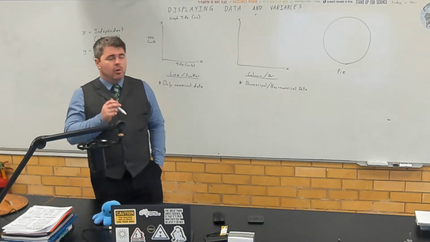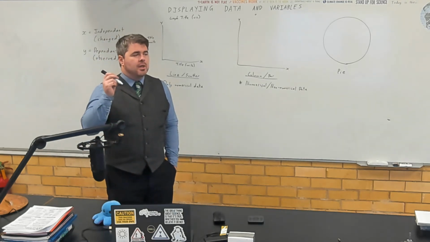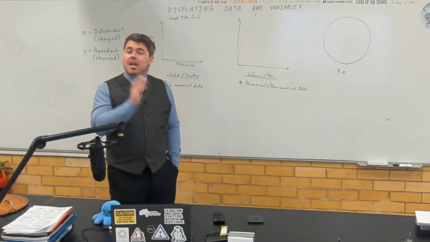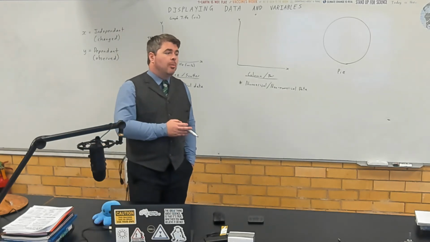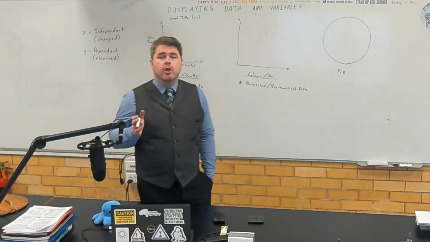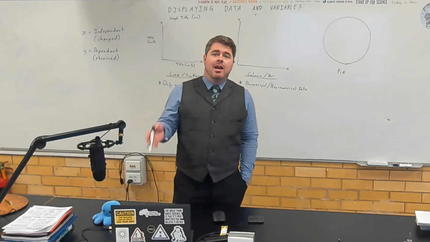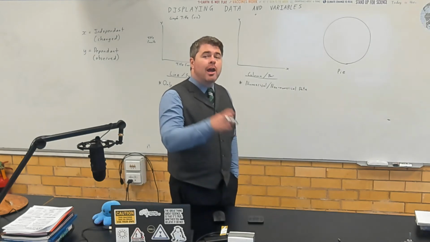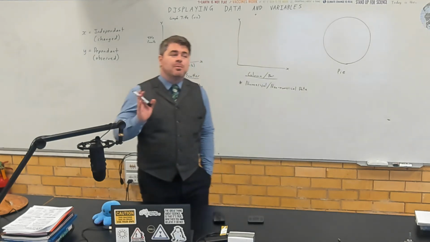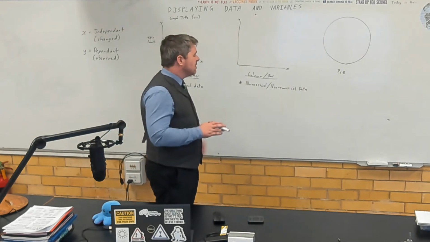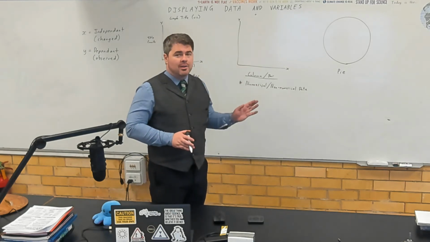So for instance, if you're looking at speed at which cars travel versus the color of the car, or you might be looking at favorite movie genre, based on votes by people. Okay, each one of these has an aspect that can be counted and one that can't. The aspect that cannot be counted is the basis for the columns or the bars.